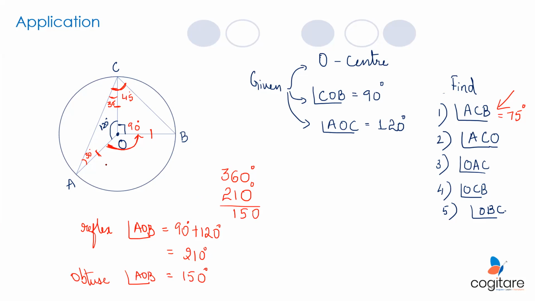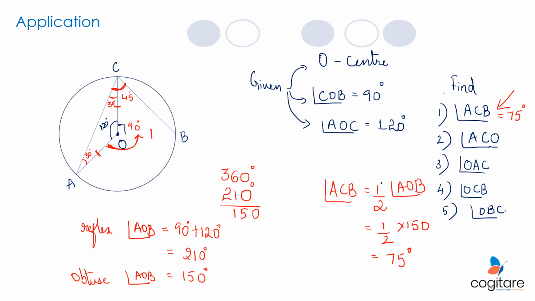Now observe, if central angle AOB of this arc is 150, then angle ACB will be half of the central angle of the minor arc, right? Therefore, even if you follow this line of reasoning, you will still end up with half of 150, which is 75 degrees. So whichever way, right?